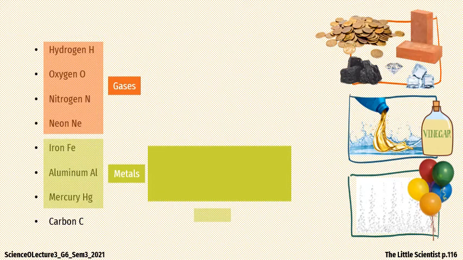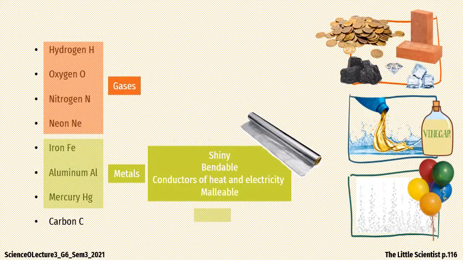Metals are all shiny, they are bendable, and they are good conductors of heat and electricity. We use them to conduct electricity and heat, and they are malleable. Malleability is a property of metals. It means that a metal can be bent and rolled into sheets. Look at this aluminum roll.